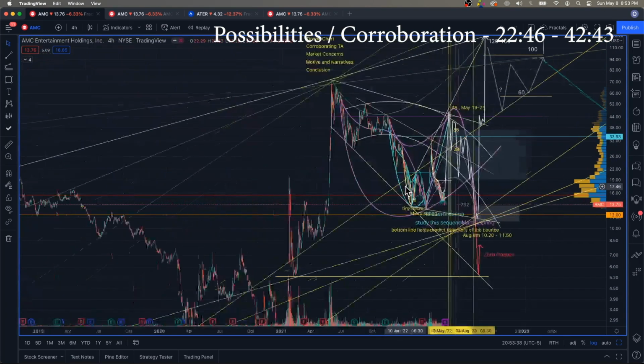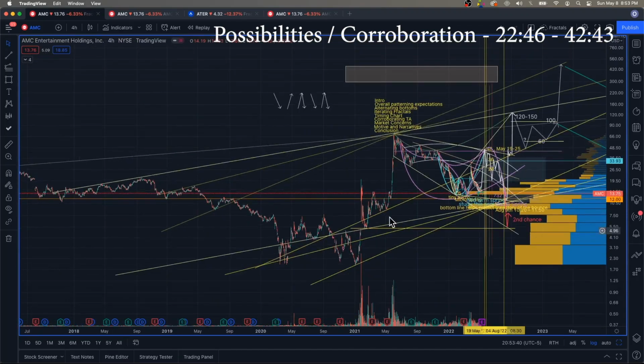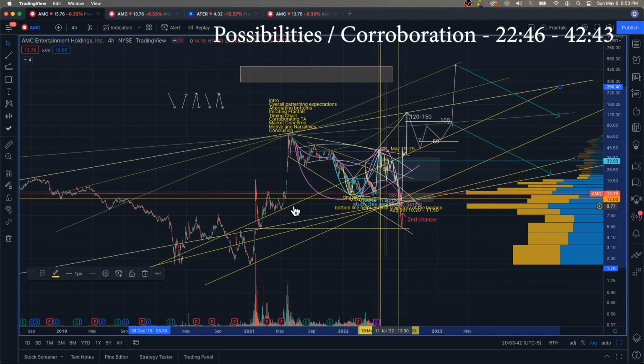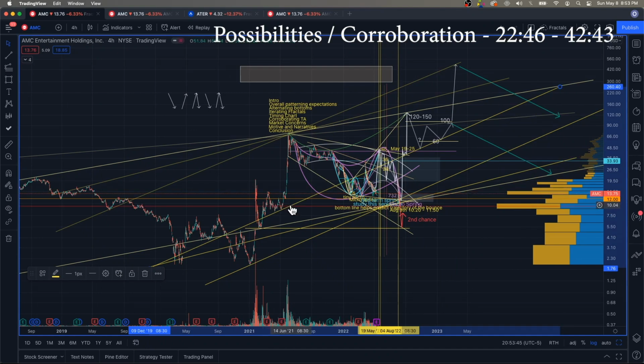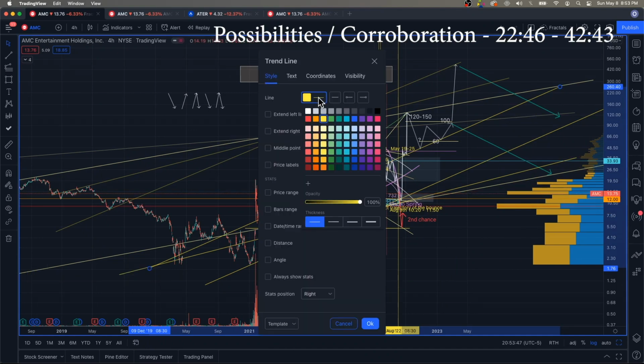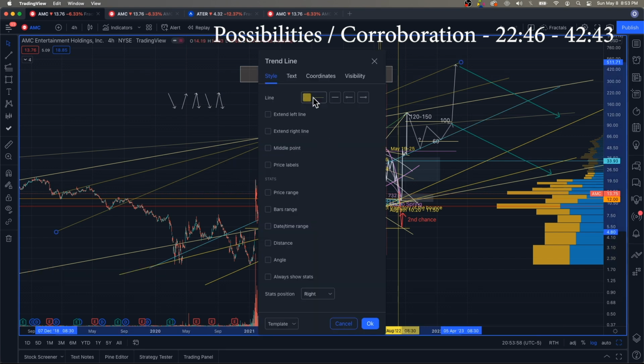So I think what's most likely is that this line is the center line, okay? And basically, I'm going to make these a different color. How about we make them, I don't know. Wish there were more colors on here. I'm going to make them a really light turquoise.